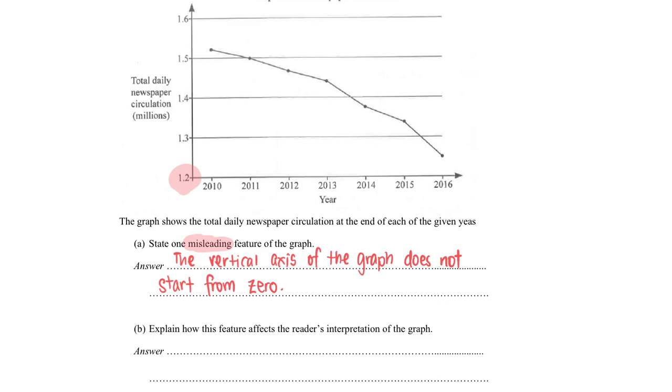For example, the daily circulation in 2016 is about 1/6 of that in 2010, which is not exactly the case, you see.